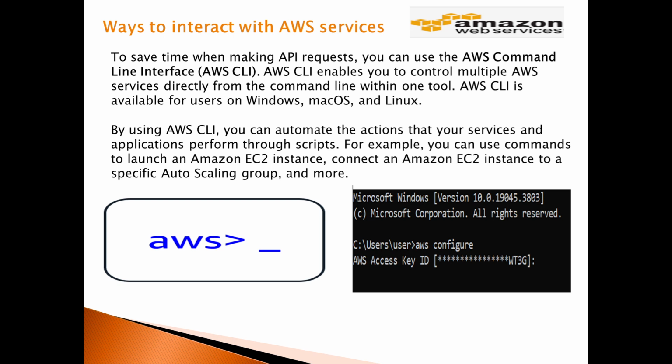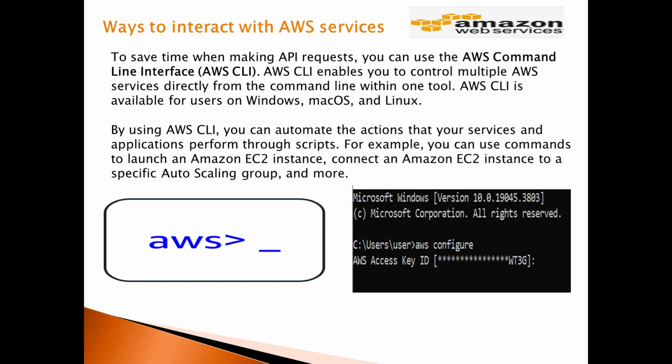Hi folks. So this is the second lecture on ways to interact with the AWS services. In the last lecture we saw the first and basic method, that is the AWS Management Console.